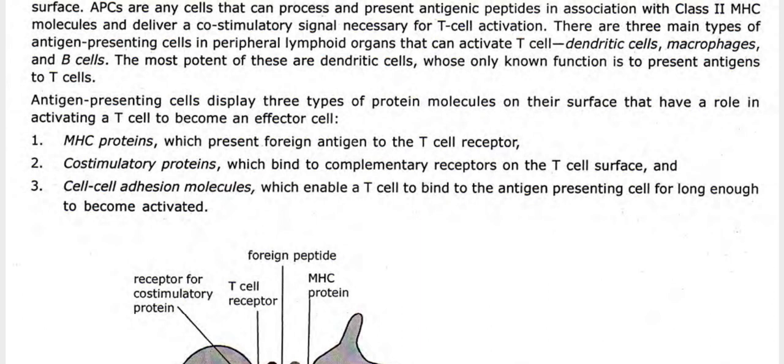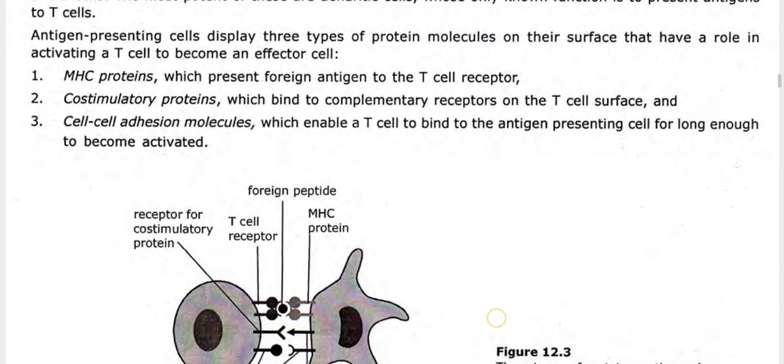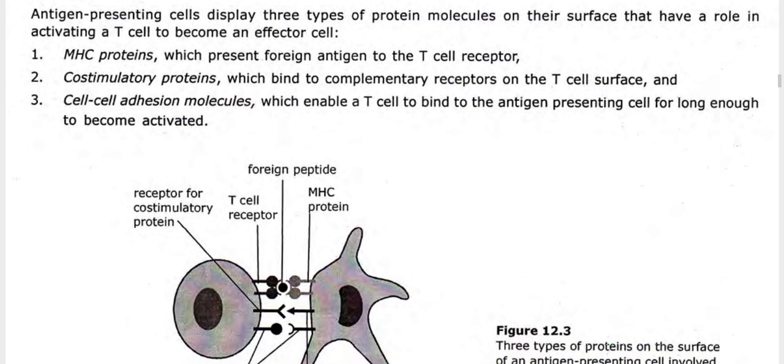Antigen presenting cells display three types of protein molecules on their surface that have a role in activating a T cell to become an effector cell: MHC proteins, which present foreign antigens to the T cell receptor, co-stimulatory proteins, which bind to complementary receptors on the T cell surface, and T cell adhesion molecules, which enable a T cell to bind to the antigen presenting cell for long enough to become activated.